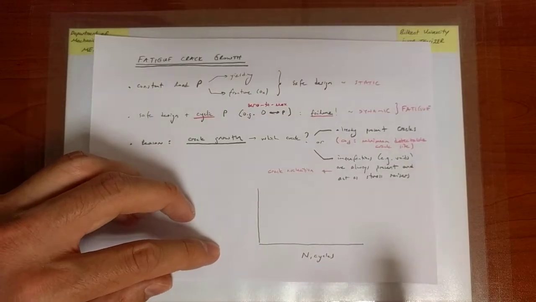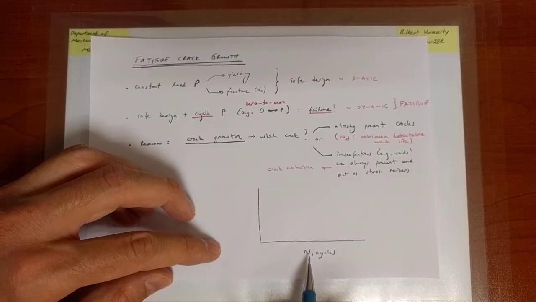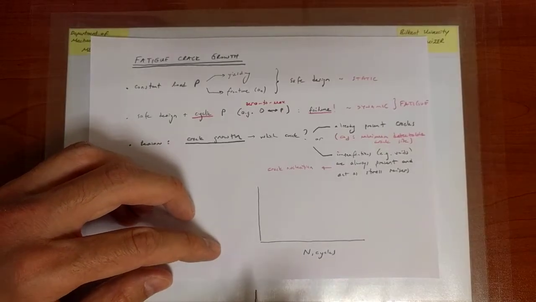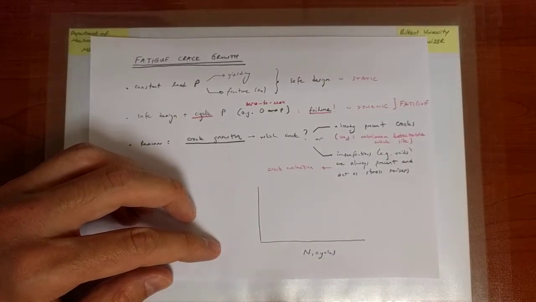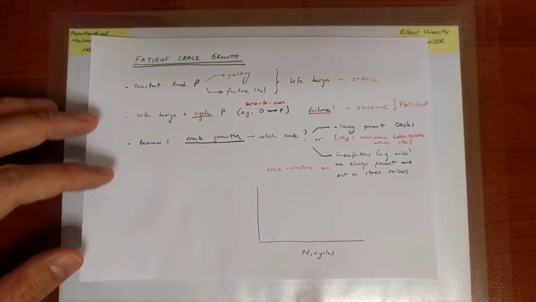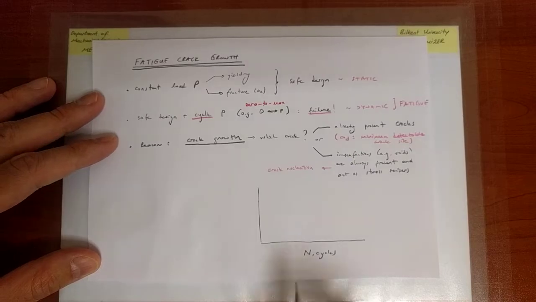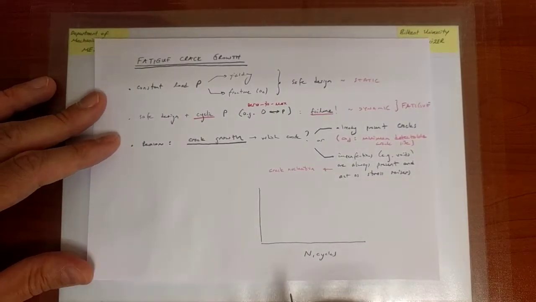In some cases it does. We're going to look at scenarios where the absolute time associated with the number of cycles is irrelevant. Eventually, when we talk about viscoelasticity, we will see that absolute time plays a significant role in the physics. But in this type of fatigue physics, we're not going to look at the influence of absolute time. So we're just quantifying time with the number of cycles.